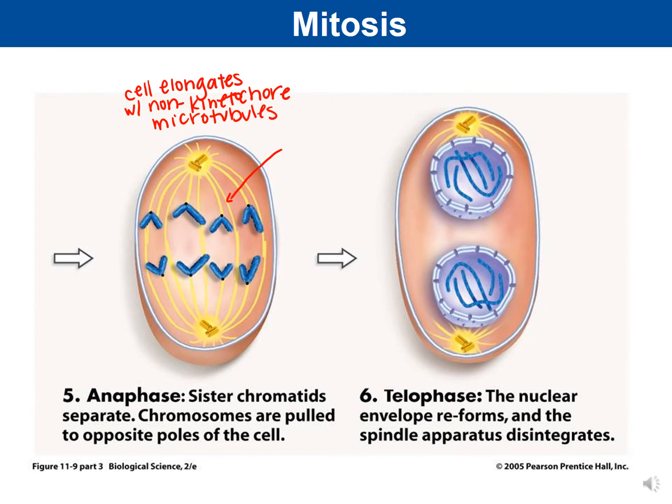Then we have telophase. The way I remember what happens in telophase is that telophase is the opposite of prophase. Basically everything that you said for prophase, the opposite happens in telophase. So let's walk through that. In prophase, chromosomes condense, which means in telophase, chromosomes decondense. They decondense or they unwind.